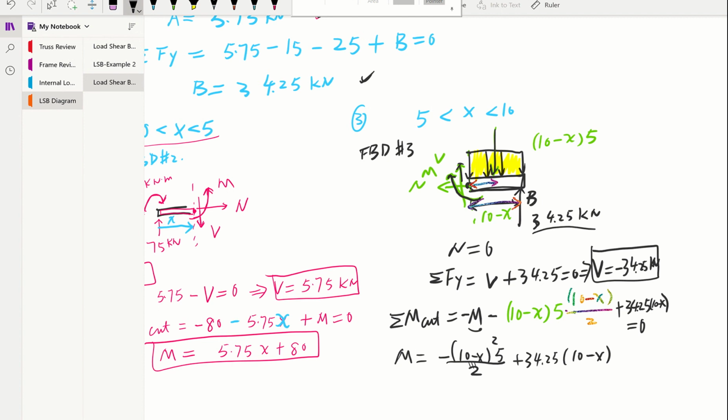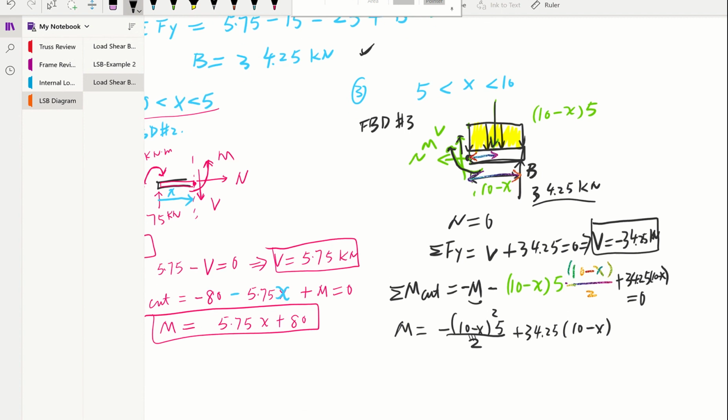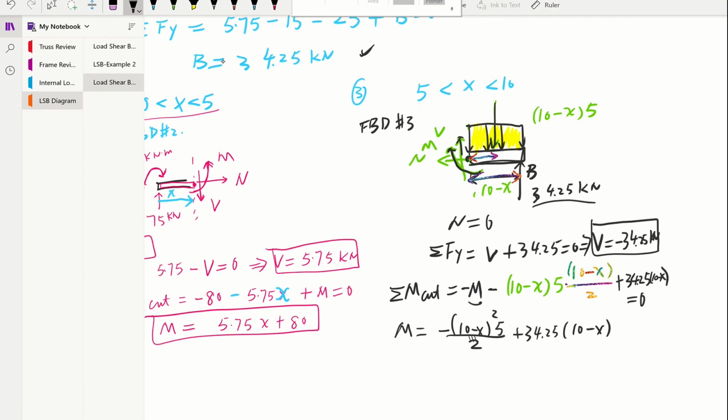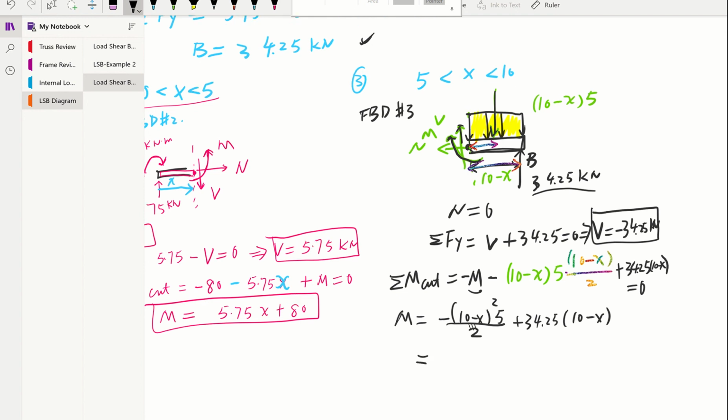Okay, so if we're going to simplify that, we'll get something like this. Should we try? Okay, let's go ahead then.